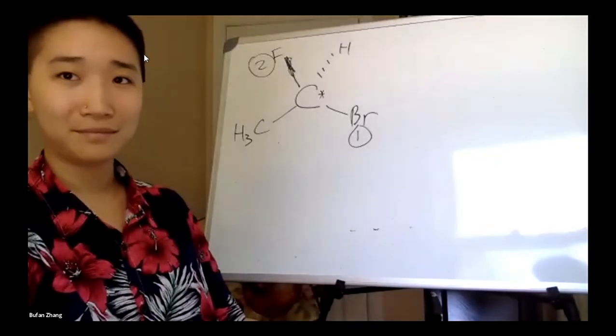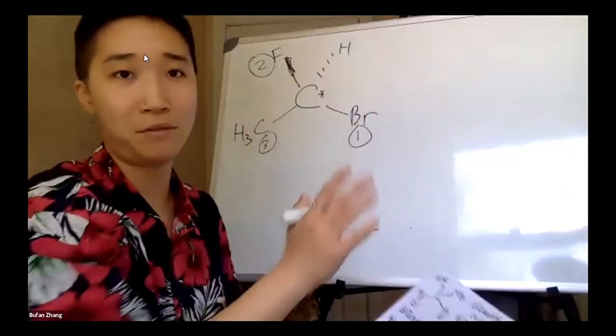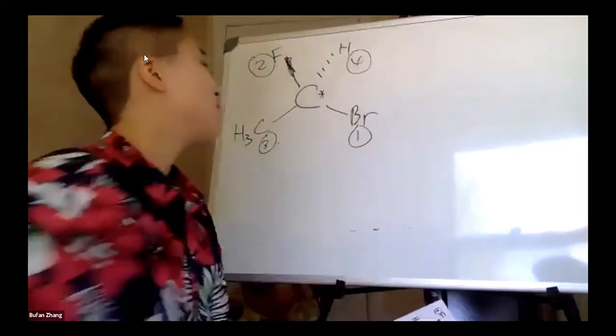Who's number 2? The fluorine. Fluorine is number 2. What's number 3? Carbon. Carbon is number 3. That's awesome. Which leaves us number 4 to be hydrogen, which is the lightest thing you could possibly have on there.